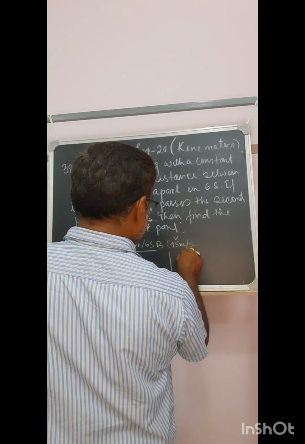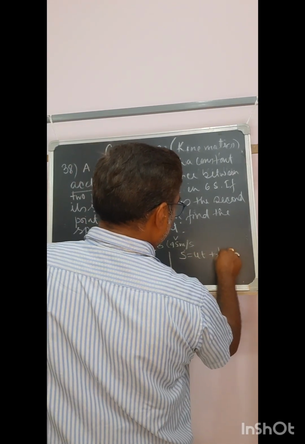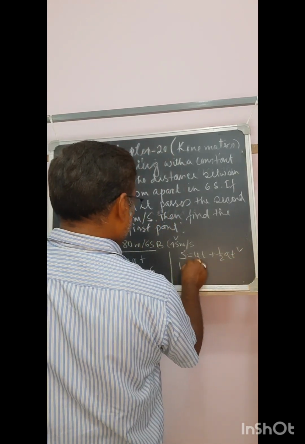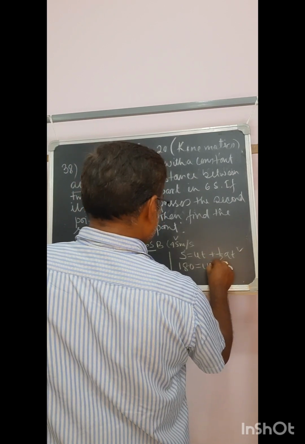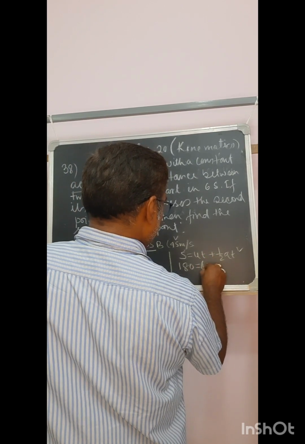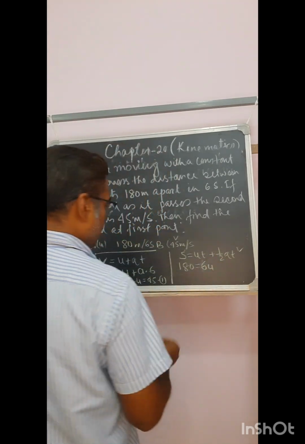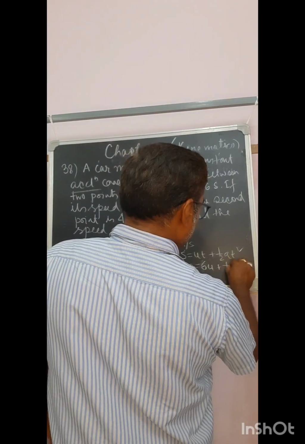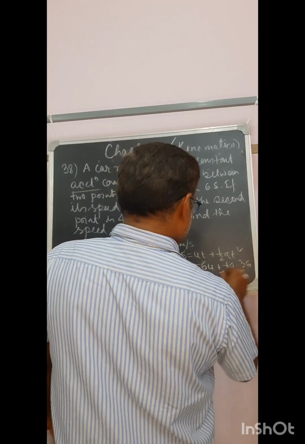Otherwise you can use s is equal to ut plus half at square, which gives a smaller calculation. s is equal to 180, u is unknown, t is 6, so that will turn into 6u plus half into a into t square, where 6 square is 36.